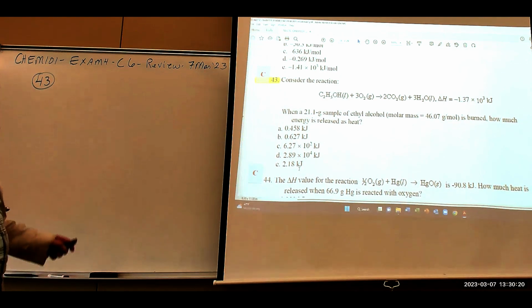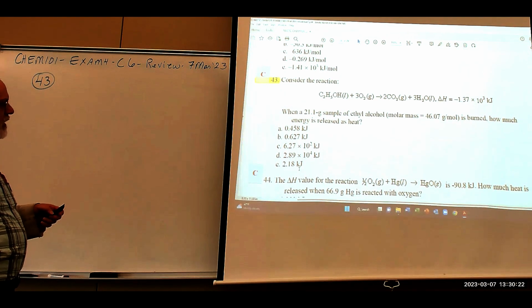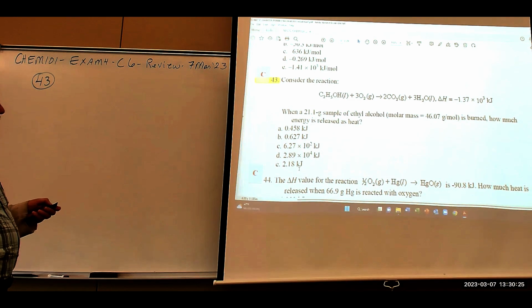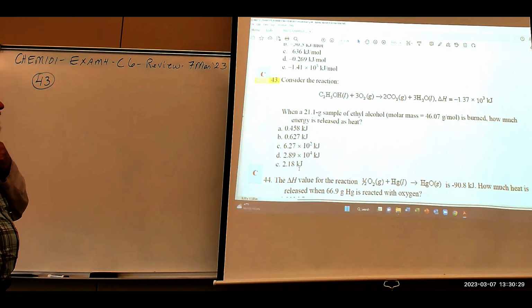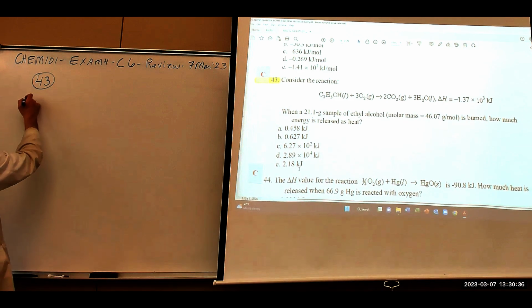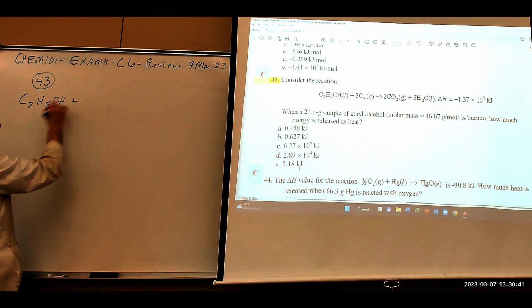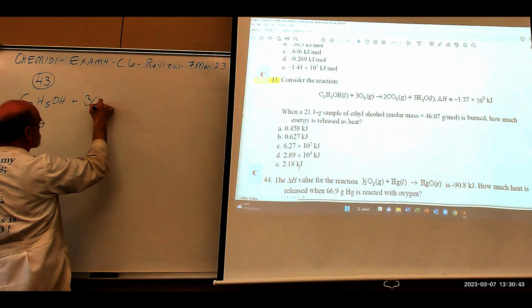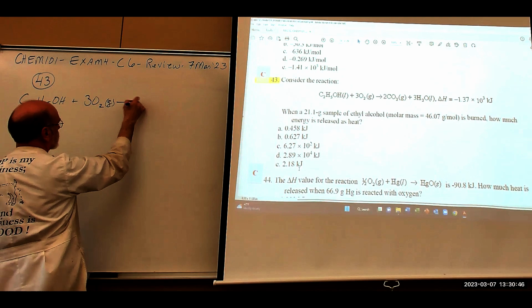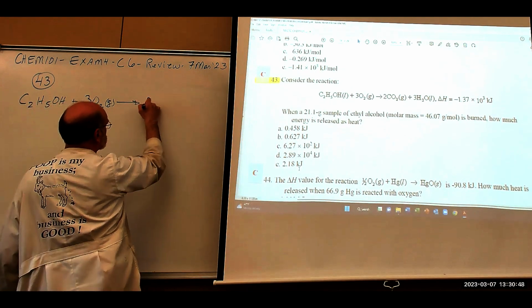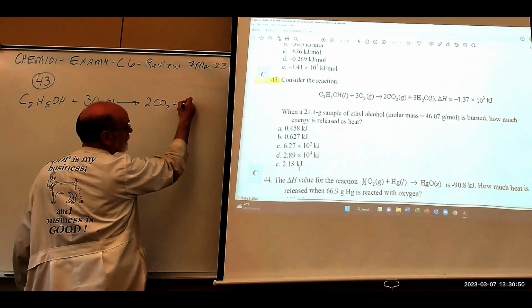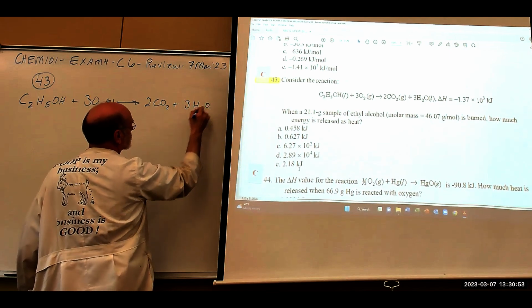Here's our old friend again. We're burning ethanol. Seems like a waste. When a 21.1 gram sample of ethyl alcohol is burned, how much energy is released as heat? Okay, so I think I better put the equation up here for this one. Ethanol plus 3 oxygens yields 2 CO2 plus 3 waters.